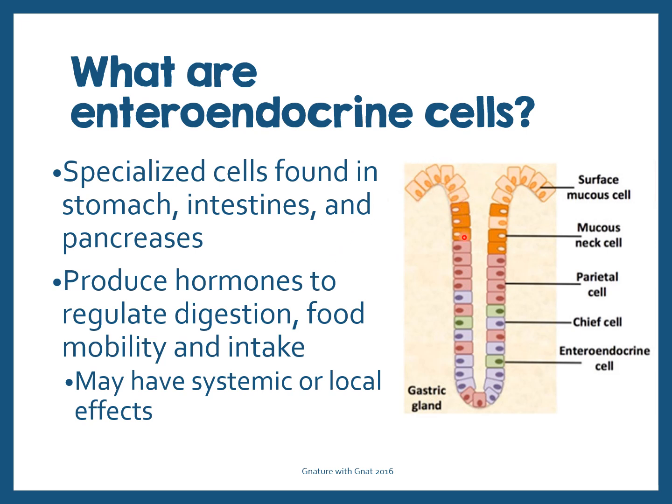As we go in deeper, we're going to start to find some parietal cells, and then we'll find some chief cells, and then deep in there, we'll find these enteroendocrine cells that are going to work to produce hormones. Those hormones will regulate digestion, food motility, and intake, and they're also going to have some local effects. They'll have some paracrine effects.